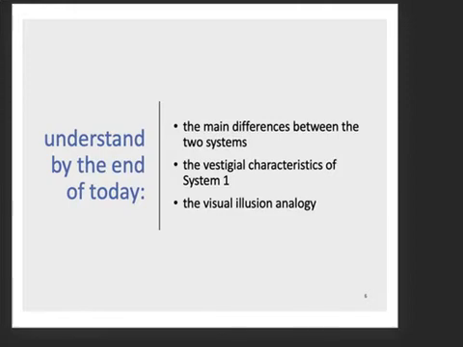But that's kind of the overall plan for the course, which gives some context for what we're doing right now. But right now in this lecture, I'm going to help you understand the following things in particular. What you're going to understand is that there's two different systems or two different ways in which our minds go about solving problems or reasoning. And these two ways are called System 1 and System 2.